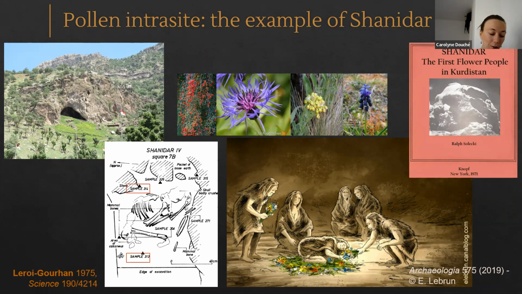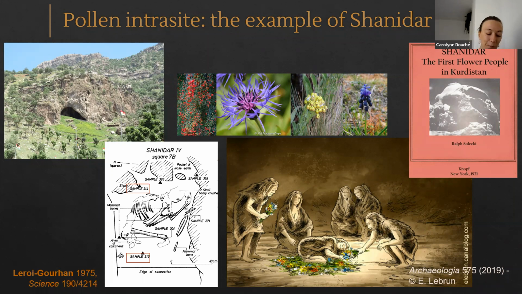The high concentration of a limited range of taxa, approximately 7, compared to the wide diversity of plants growing in the area, led the specialists to suggest that these flowers were selected and deposited with the dead, either as an ornament or for medical purposes. For that reason, the burial was called the flower burial.